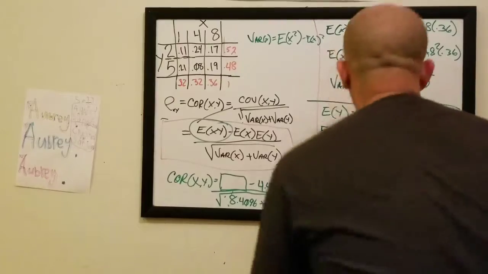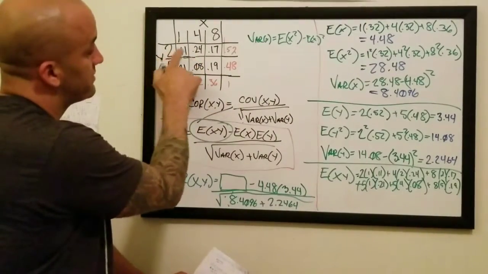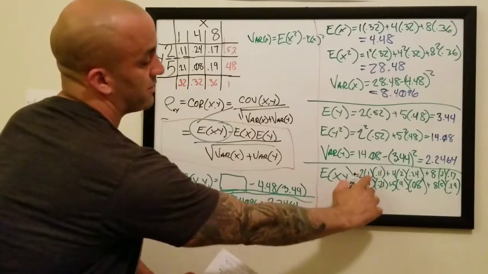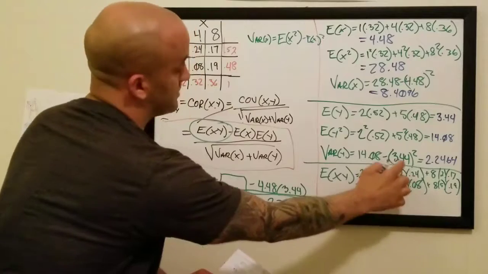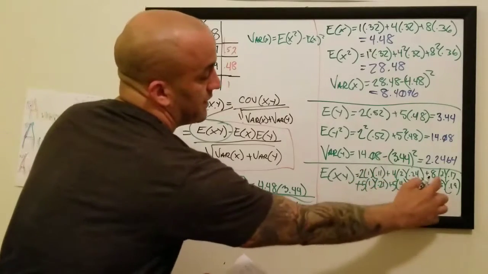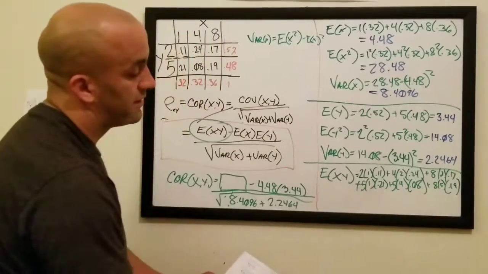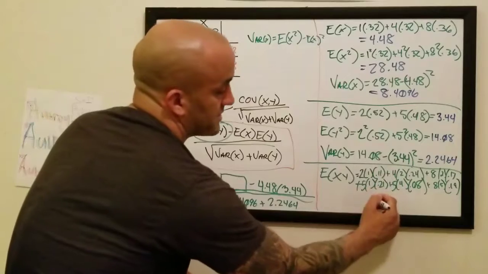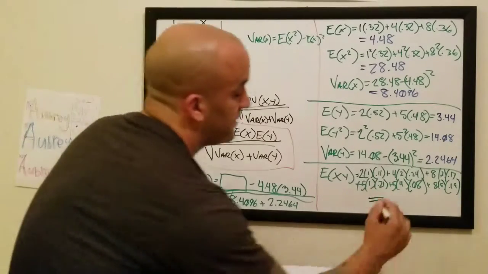So all we did was we took our x value, our y value, times it by the joint. X, y, joint. And then once we sum all that up, we should get 15.11.